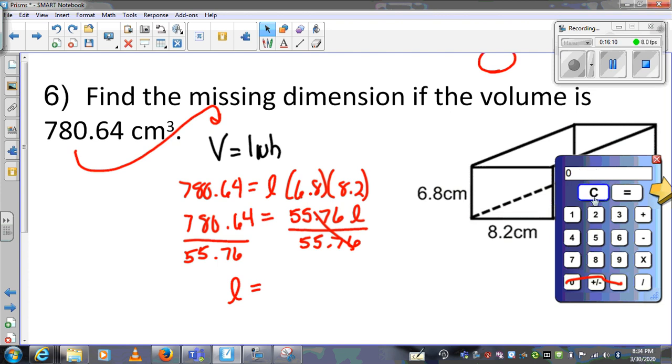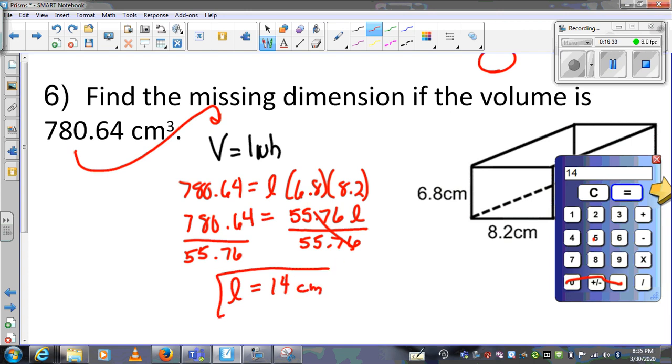Nope, typed that in wrong. And that's giving me 14, and that sounds right. So that would be 14 centimeters.